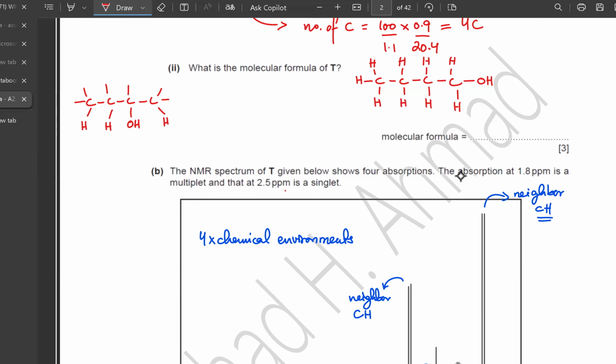Similarly, the OH group could be on the second one, or you could have a branch structure as well. And the OH could be on the first carbon atom, and the rest are all H atoms.